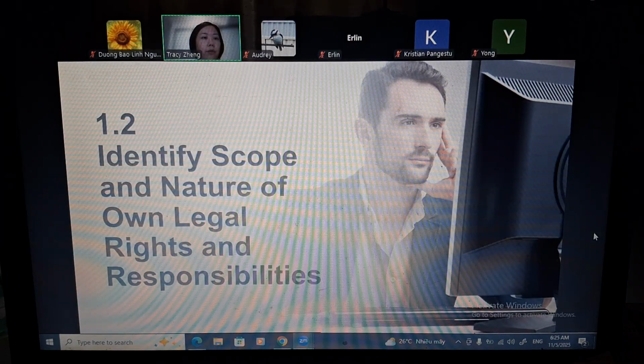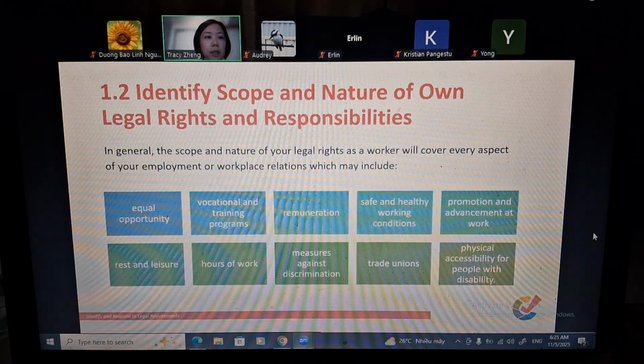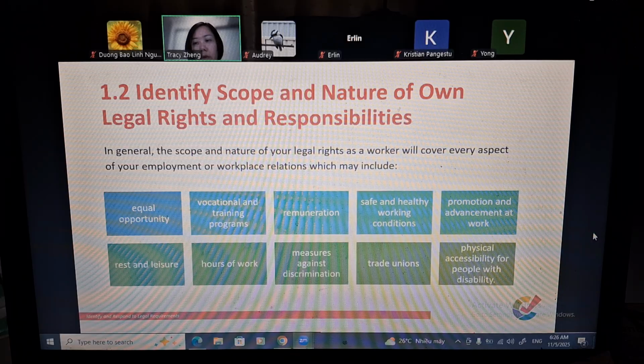And the following part is to discuss how we identify the scope and nature of our own legal rights and responsibilities. You probably already know that working as aged care workers, we hold a lot of different legal rights and responsibilities. In general, here it's showing you some of your legal rights as a worker. Everyone has equal opportunities, right?